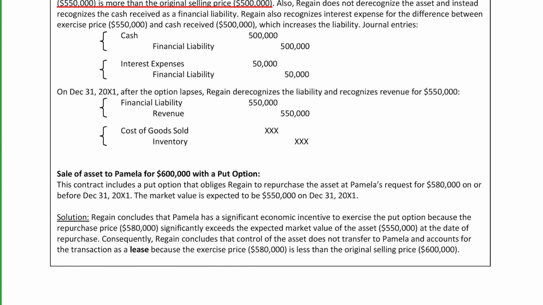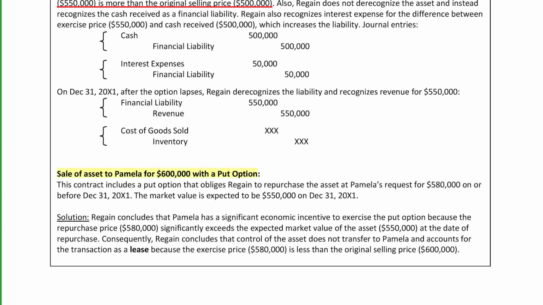And basically, Regain recognizes revenue for $550,000, of which $500,000 Regain has received as cash from Kathy, and the $50,000 is the interest component because this contract was structured as a financing arrangement. Look at the next case.